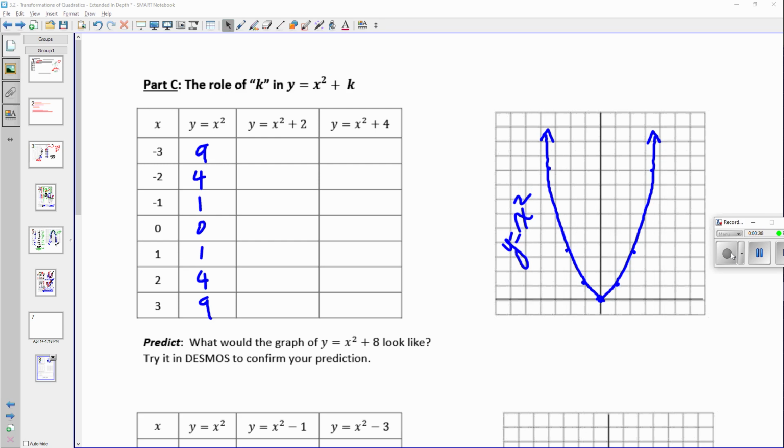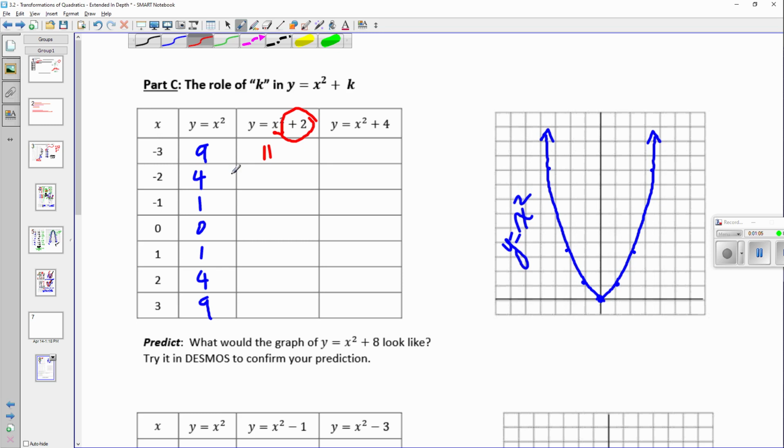So if you think about this new equation that we have here, we're taking the y value and we still have our x squared value, but we're going to be adding this little extra bit here. So our 9 turns into 9 plus 2, which is 11.